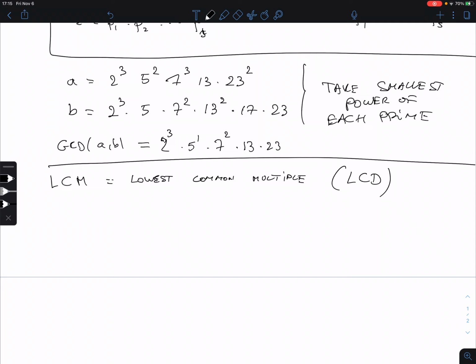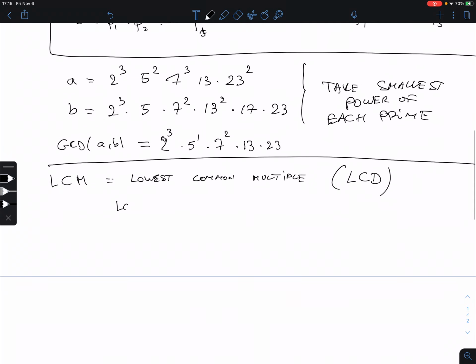And what is that? As the word says, it is the smallest number that is a multiple of both of them. For instance, the lowest common multiple of 4 and 6 is not 24. 24 is a multiple of 4 and a multiple of 6, but it's not the smallest one; it's 12. For all of you that have looked for the LCD, know that this is how it works.